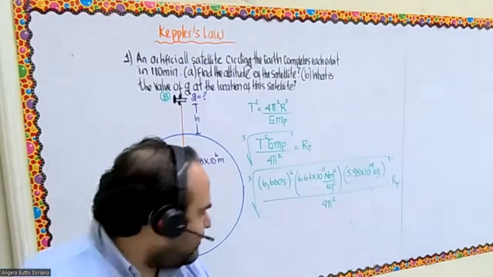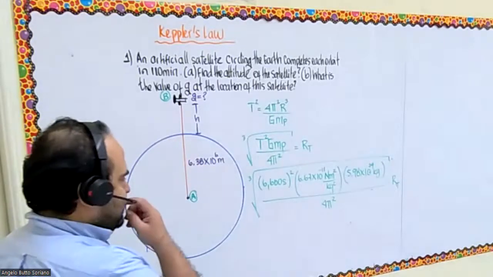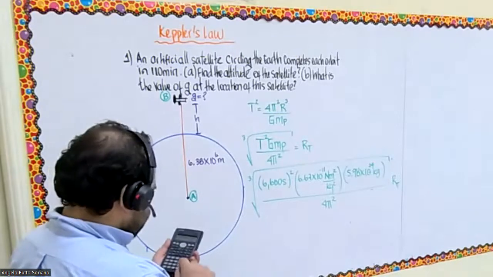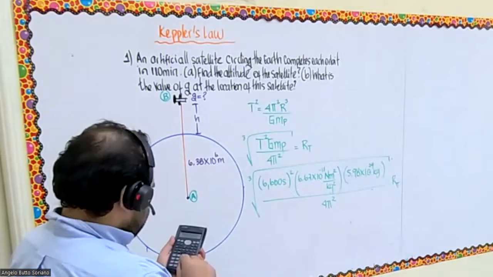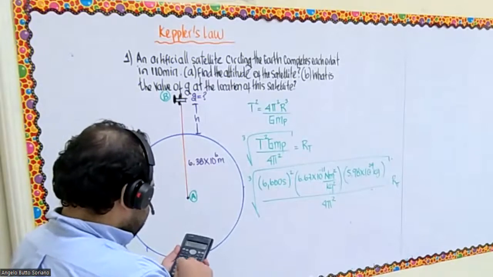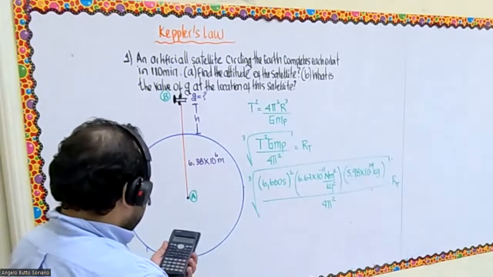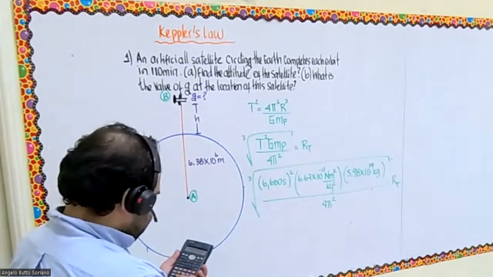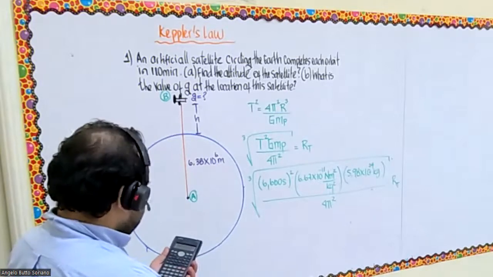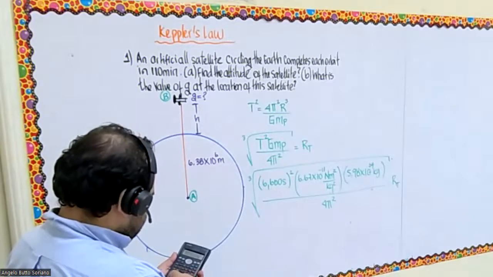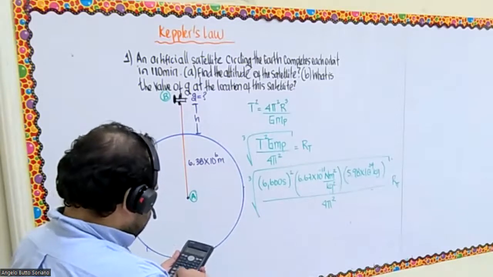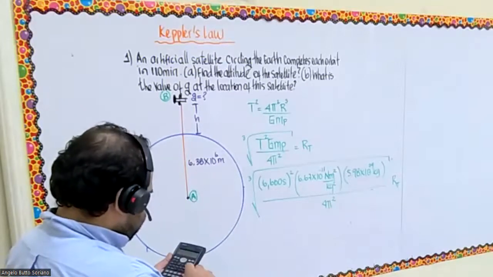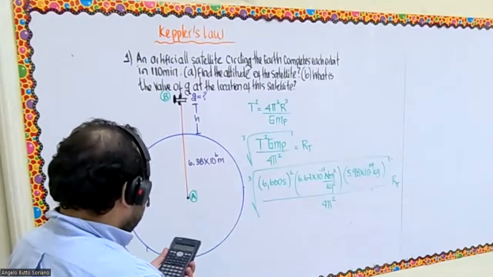So let's calculate the expression: 6,600 squared, multiplying by 6.67 times 10 to the negative 11, multiplying by 5.98 times 10 to the 24, divided by parentheses 4 pi squared, close parentheses, shift, cubic root of the answer.